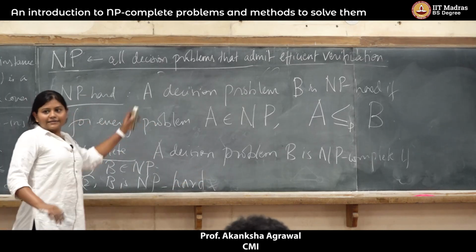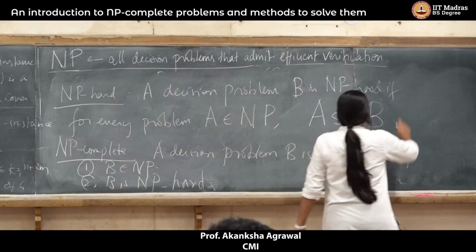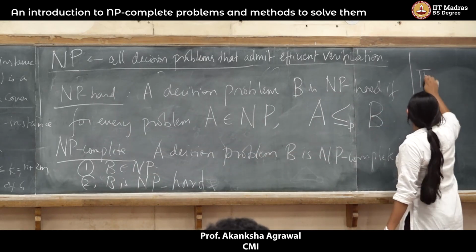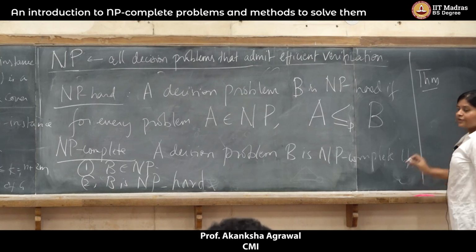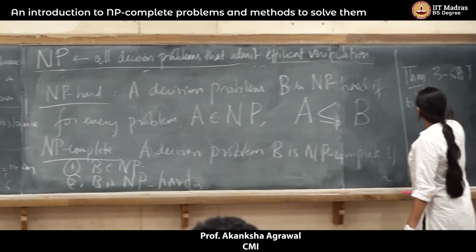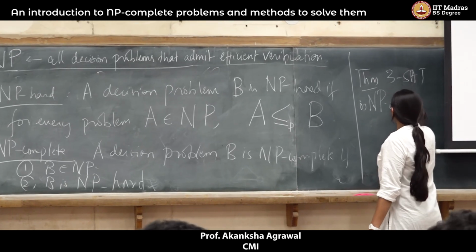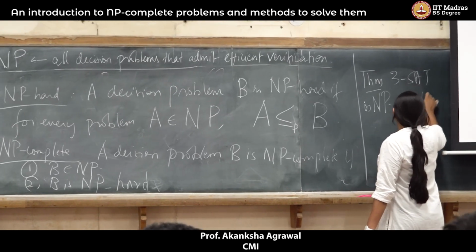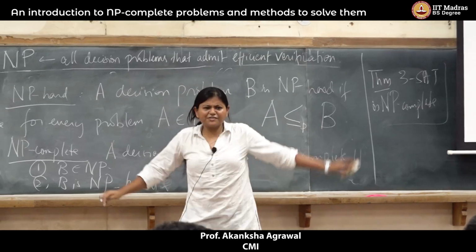Okay? And there is a result, the Cook-Levin theorem, a modified version of it, which says that 3-SAT is NP complete. Is the theorem statement visible?